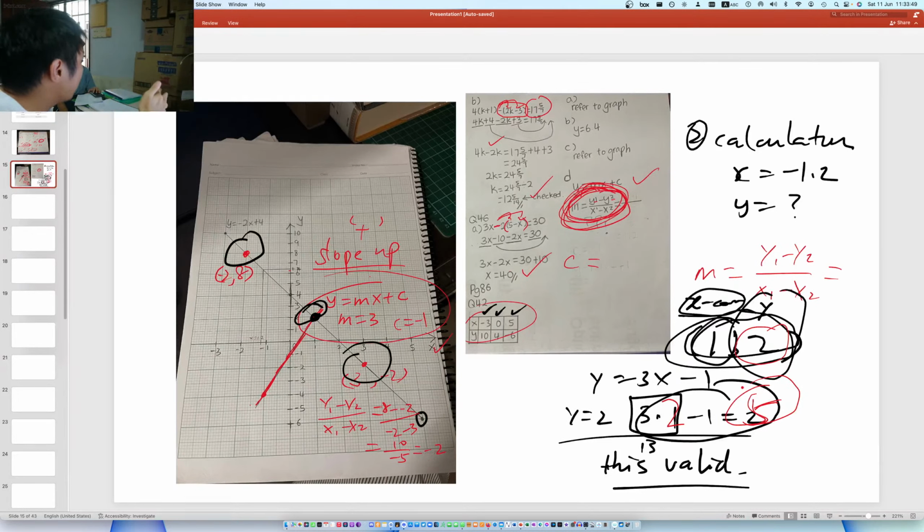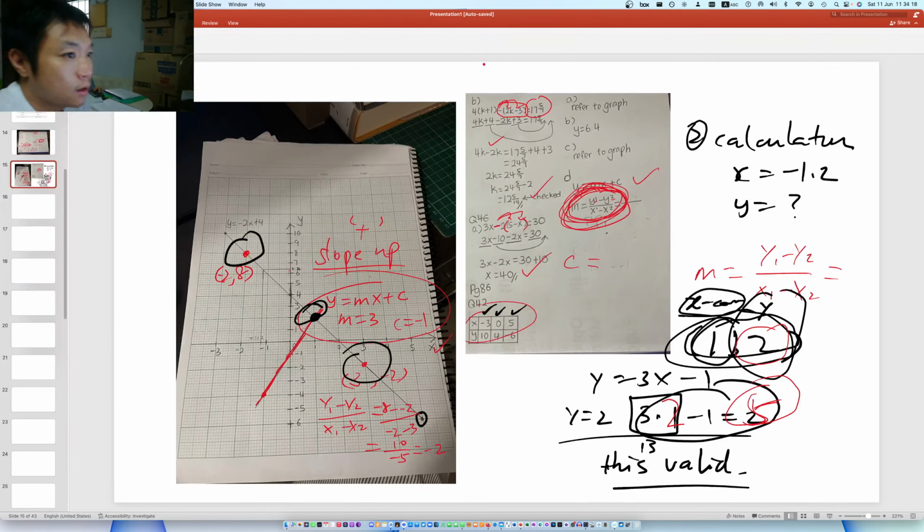Valid means if y equals 2, y is supposed to be 2. You understand the meaning of valid? Understand? Okay, good. Any other question? No? Okay, good. So I think this sums up your last part of the homework, right?